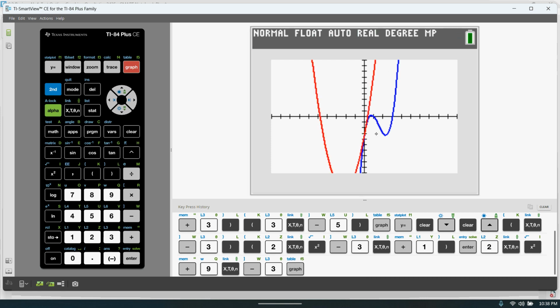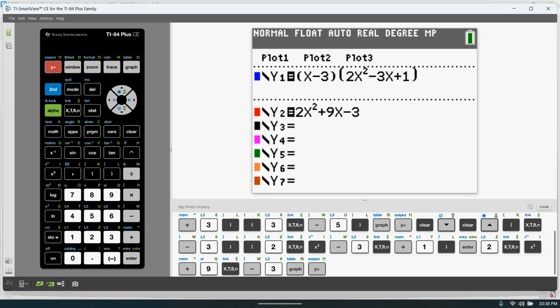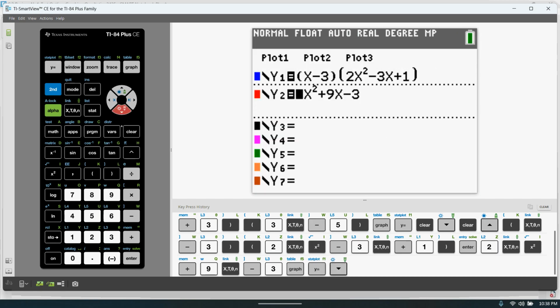And if I graph them, see, not even the same graphs. The first one is blue, that's the first graph, and this is the second. They don't match. They're not equivalent. Okay? So I'm going to change and check my answer choice with C. So we're doing 2x to the third power.